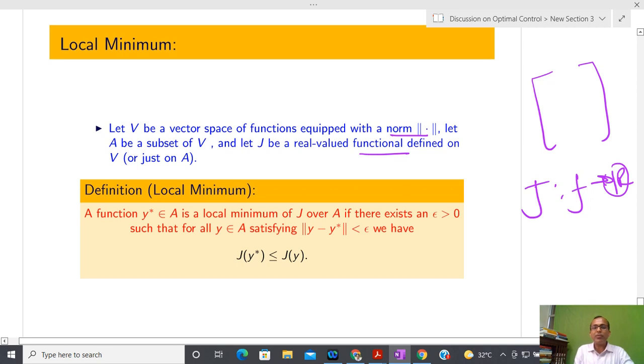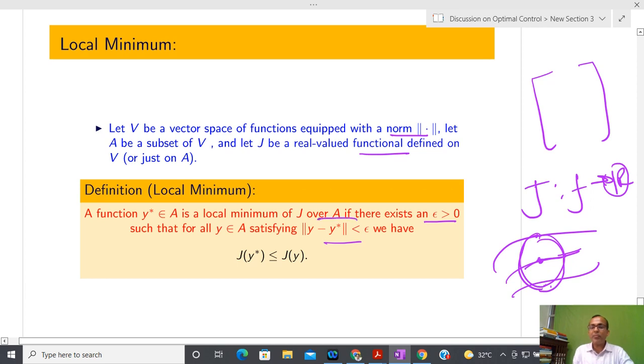Okay, so the meaning of local minima: a function y star belonging to A is a local minima of J over A if there exists epsilon and this relation is satisfied. What I mean to say is, suppose you have a function that is going to minimize some kind of functional. If this is minima or maxima, here I am just talking about minima. If you see the neighborhood of this, the value of this is always less than all the values in this neighborhood.